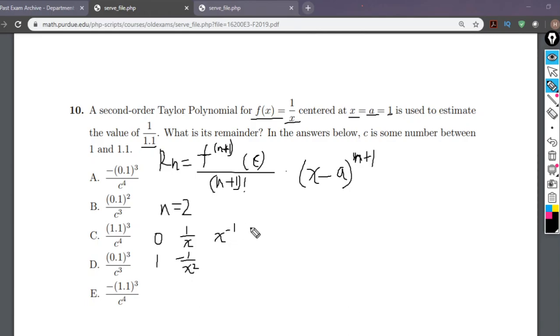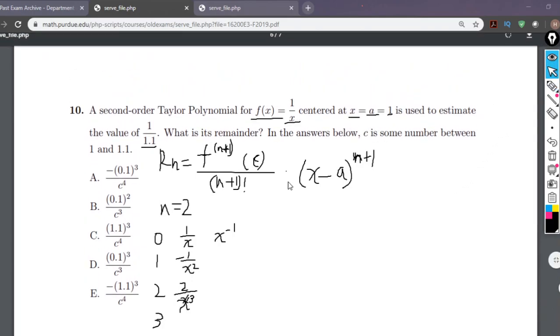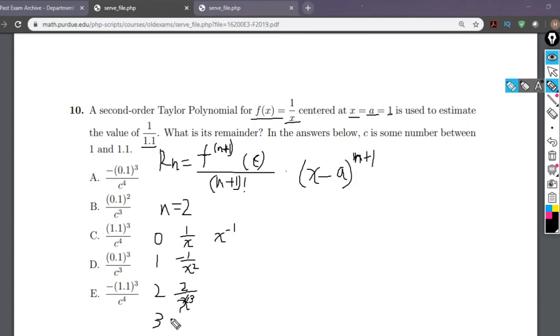And then -1 times -2 is 2, so it'd be 2 over x to the third power. Do the same thing. And at the third derivative, the third derivative should be -6 over x to the fourth.